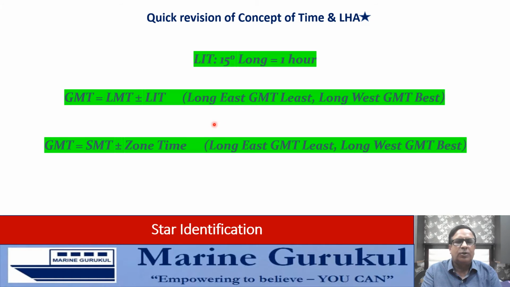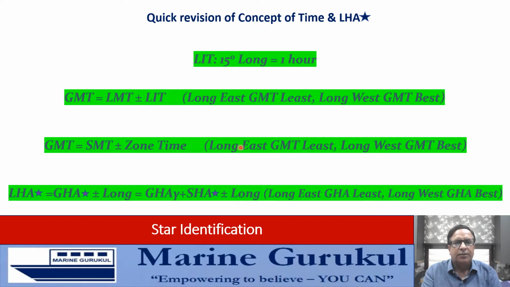There could be a requirement to convert GMT to SMT, ship's mean time, or ship's mean time to GMT, the difference between the two being the zone time. Again, longitude east, GMT least, longitude west, GMT best.